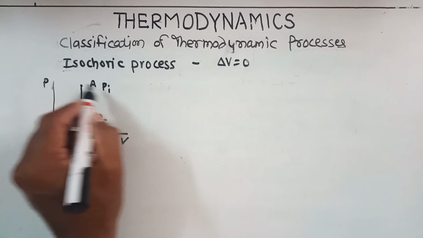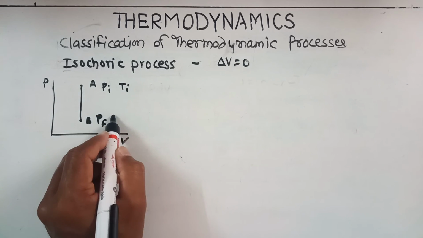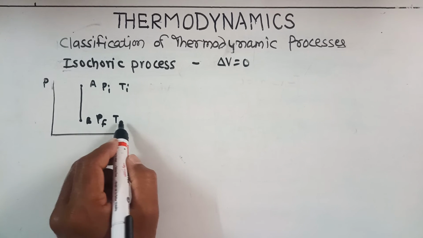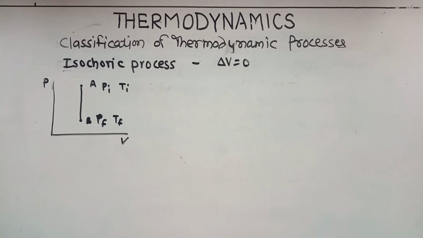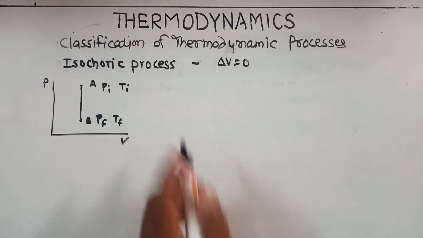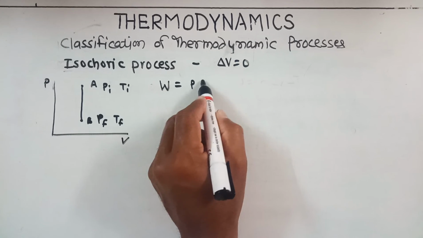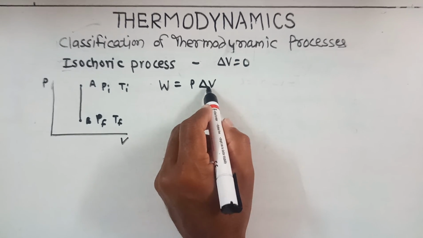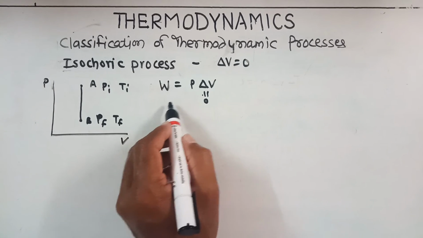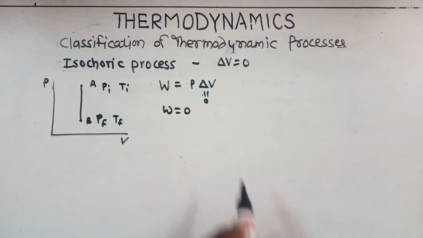At the state A, suppose the temperature is Ti, and at this state, suppose the temperature is Tf. In isochoric process, the change in volume is 0. We know the equation for work done, W is equal to P into del V. But here del V is equal to 0, so the work done in this isochoric process is 0.